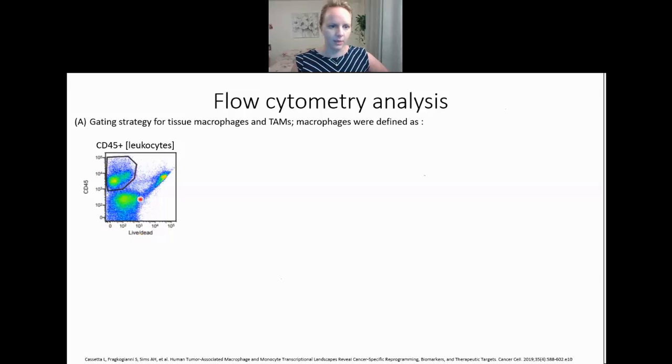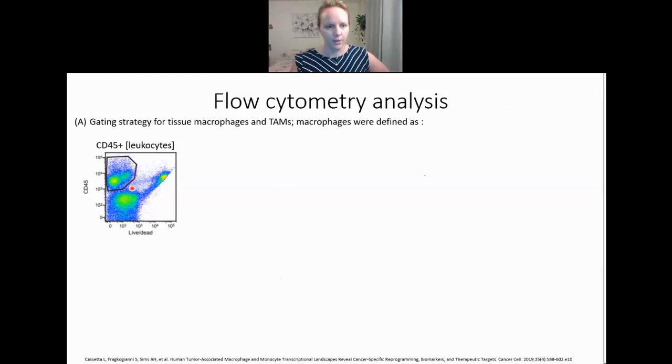So all of these cells here, up to the 10 to 3, are the live cells, but they want the live and CD45 positive. Whereas these might be CD45 positive, more likely they're dead cells and debris that have autofluoresced. But importantly, they took up the dead stain, so they're excluded. So you've got living leukocytes.